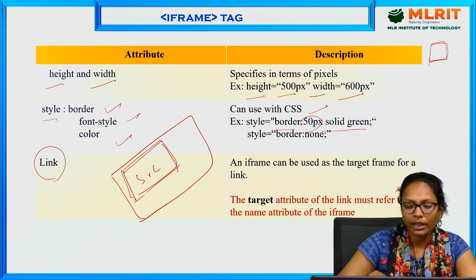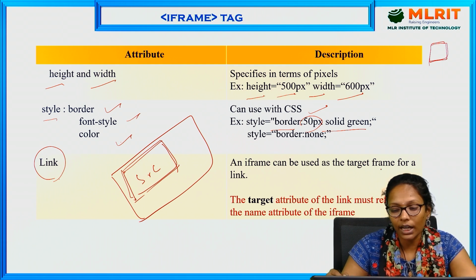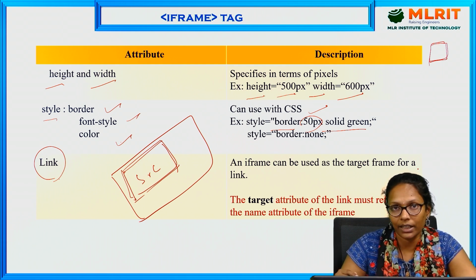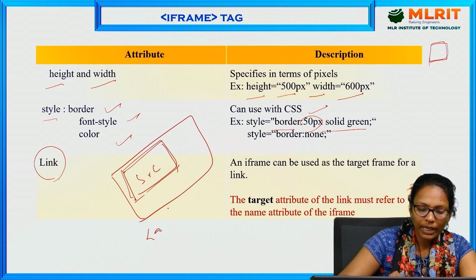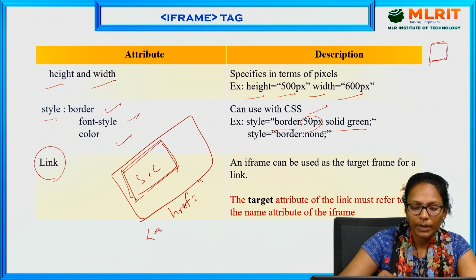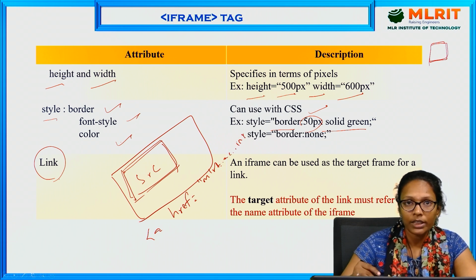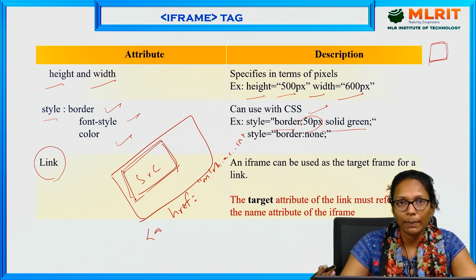And next is link. An iframe can be used as the target frame for a link. Here, for example, I'm creating a link, href equal to MLRIT.ac.in. If you click on this link, where exactly should MLRIT.ac.in be displayed?